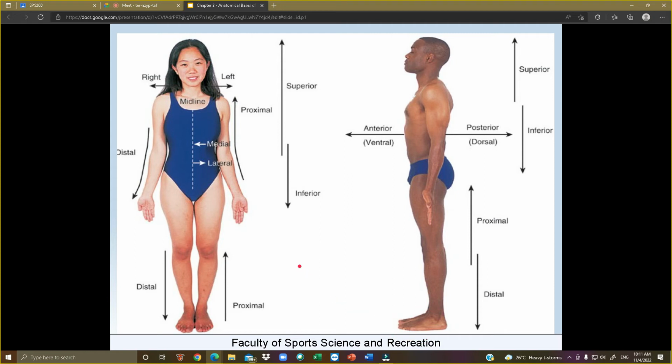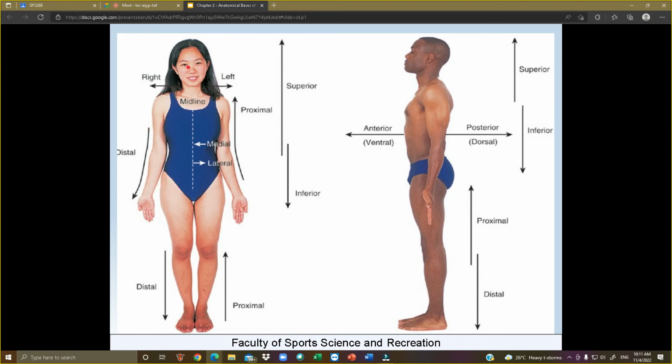Okay, now second. If we compare the head and the palm, which one is proximal, which one is distal? The head is proximal. The palm is distal. Pasal head lagi dekat dengan kita punya badan. Okay, dia macam tu.